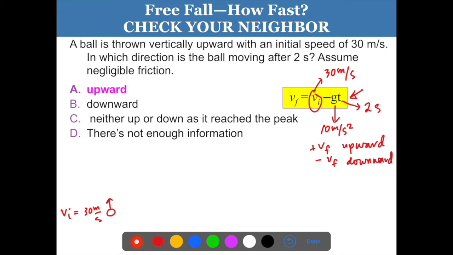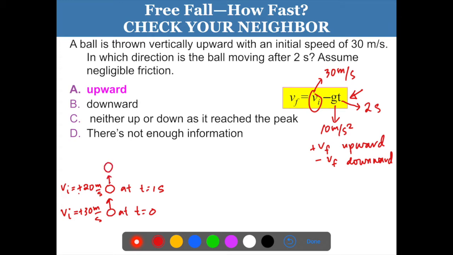So after 1 second, where time equals 0 is when it's thrown upwards, its speed would have decreased by 10 meters per second. So its new speed will be 20 meters per second. If you consider velocity, that will be plus 20 meters per second to indicate the direction, because your object is still going upwards.